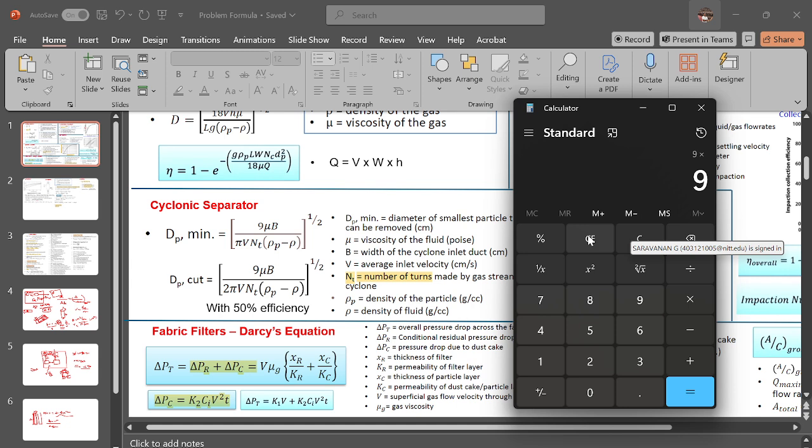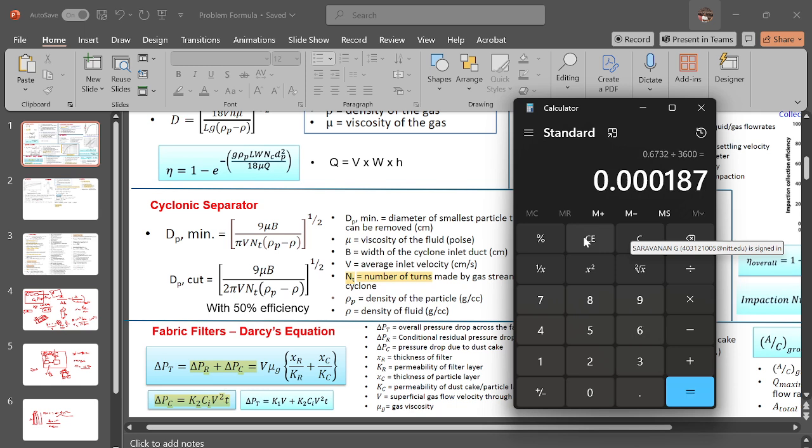So 9 into mu, in kg per meter per hour. Okay, this is the problem here. 0.0748 is in hour, so I have to convert it into seconds. To convert to seconds, divide by 3600: 0.0748 divided by 3600. This is your actual viscosity.